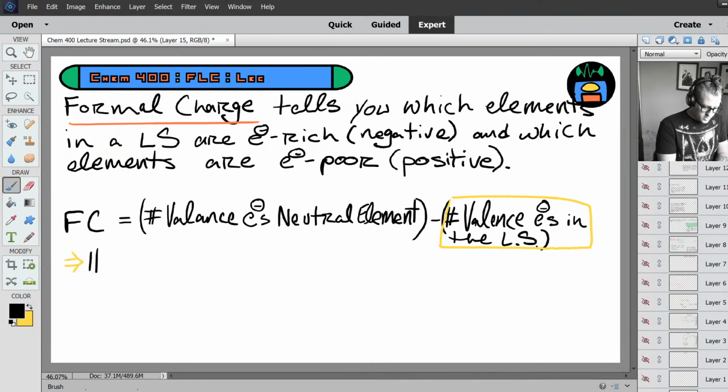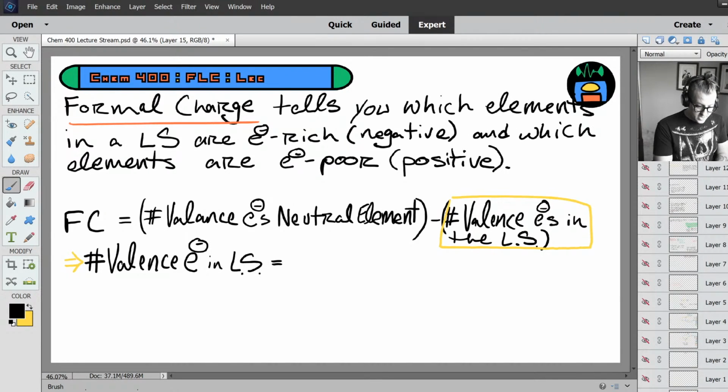The number for calculating the valence electrons for that element in the Lewis structure equals, you get 1 electron per bond plus all lone pair electrons.